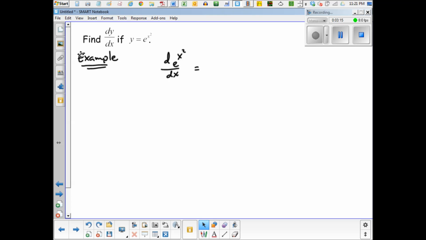E to the x has derivative e to the x, so e to the x squared starts off by simply being e to the x squared. Now we need to multiply by the derivative of our inner function, which is x squared. The answer is 2x e to the x squared.